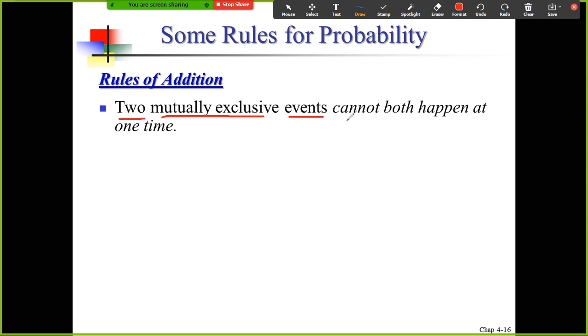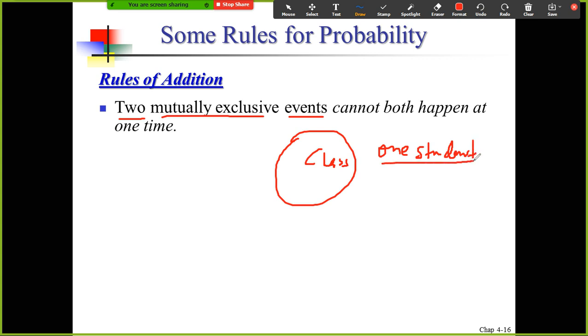So maybe I can give you an example of two mutually exclusive events. In the class, I choose one student randomly. What does randomly mean? I don't know in advance who this student is. I don't know whether this student is male or female.